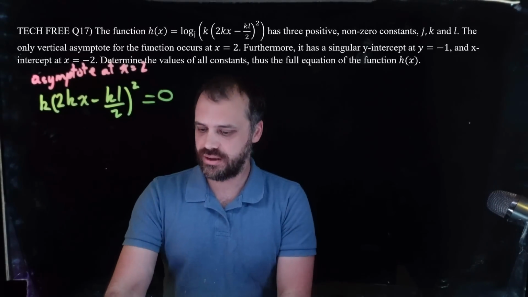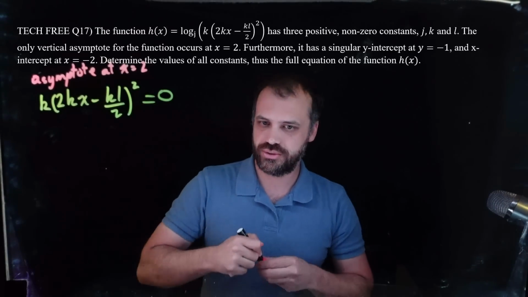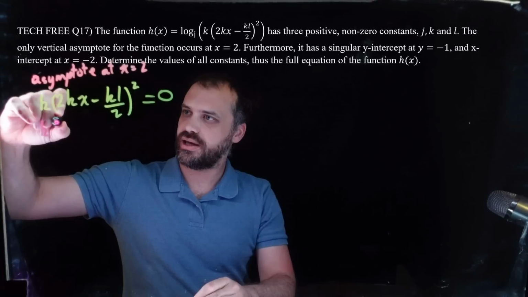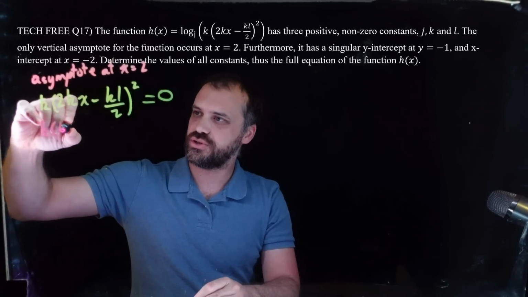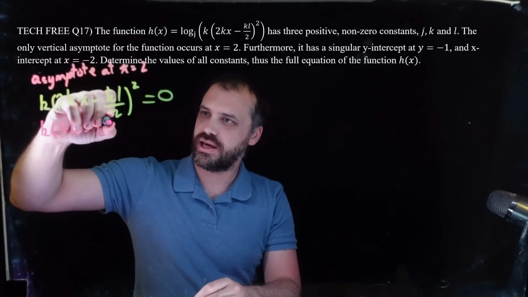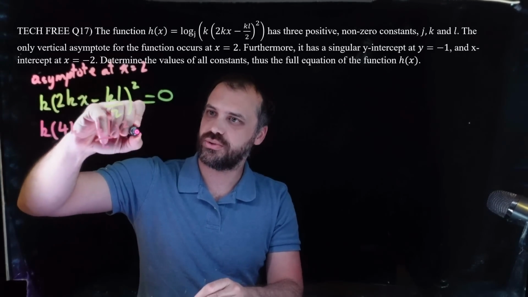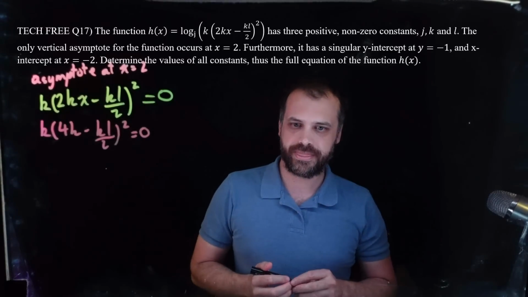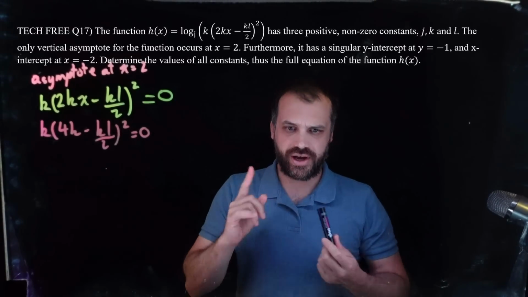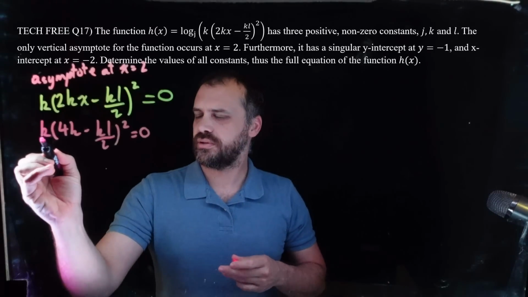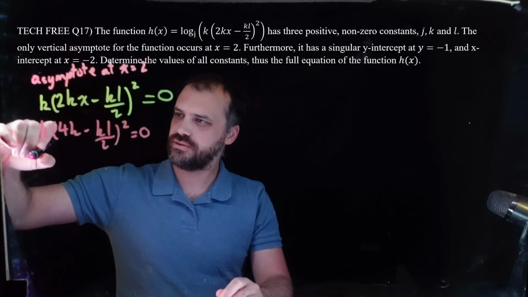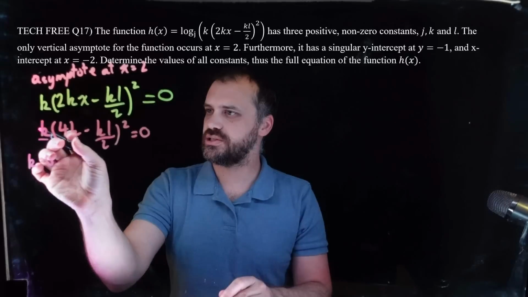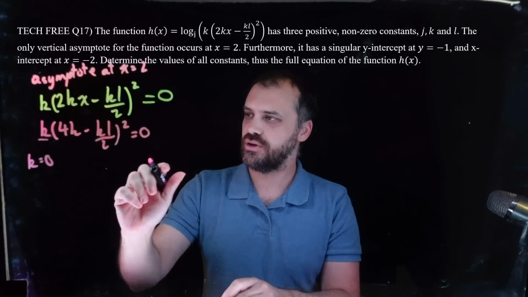So we can sub in x equals 2 in here. So k bracket 2 times 2, so 4k, minus kl on 2, squared equals 0. And now we've got a null factor law thing happening. k must be equal to 0, right? Because this times this makes 0.